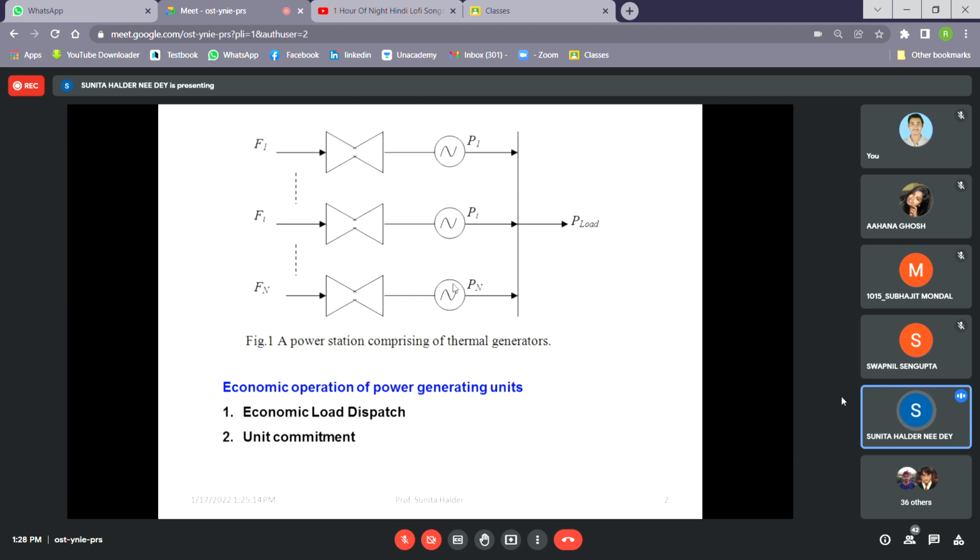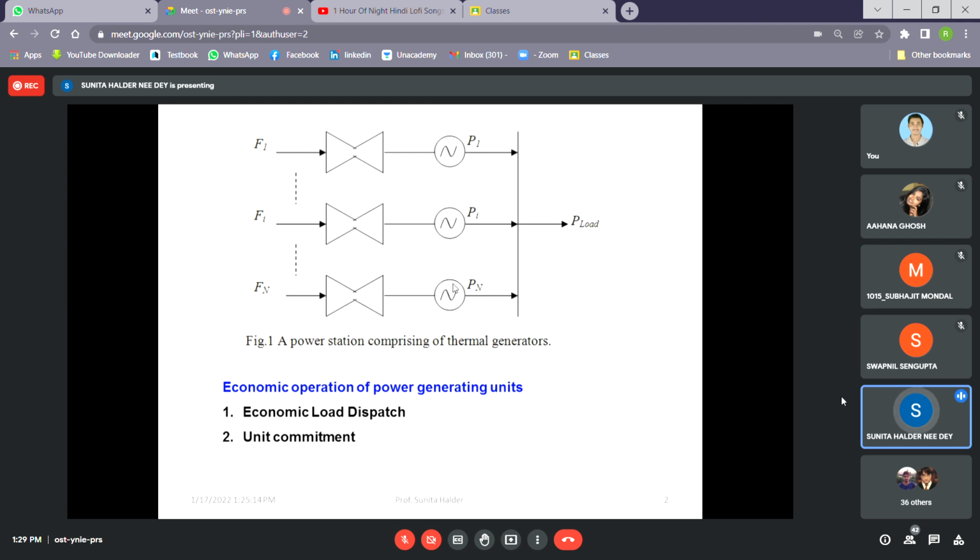This terminology is mostly used. So what is economic load dispatch? Economic load dispatch is to load the generators for generation economically, so that the generator which generates power at minimum cost will be loaded maximum.